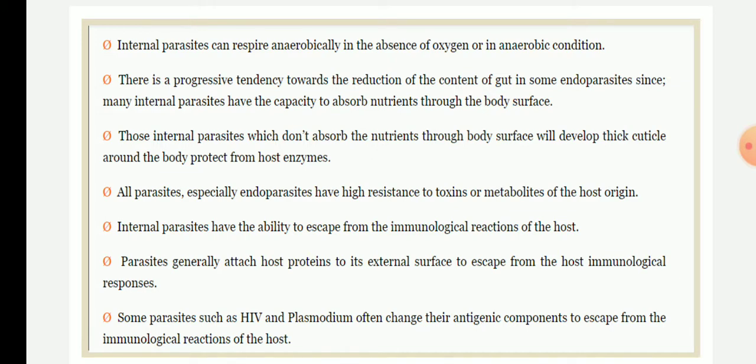Thus, to overcome this problem of non-availability of oxygen, parasites have adapted themselves for the anaerobic mode of respiration, that is respiration without the presence of oxygen, in which the energy is obtained by fragmentation of glycogen.